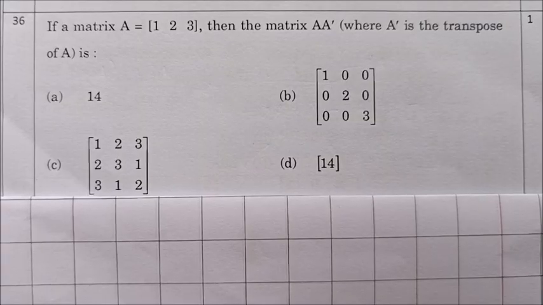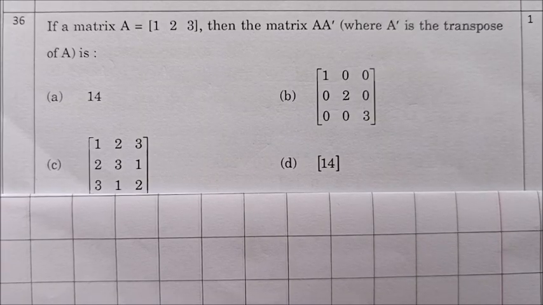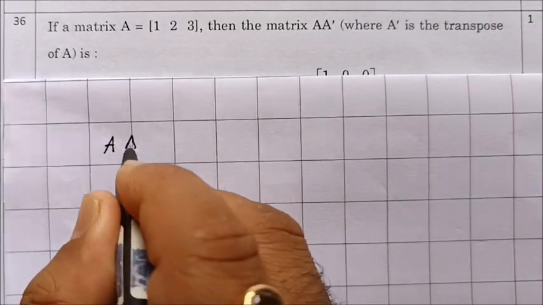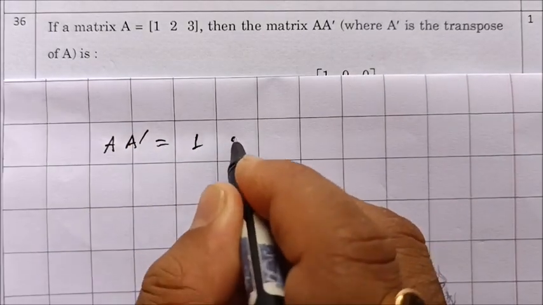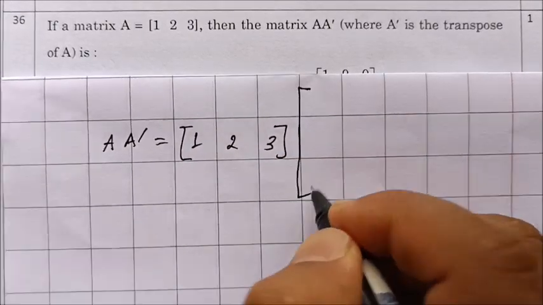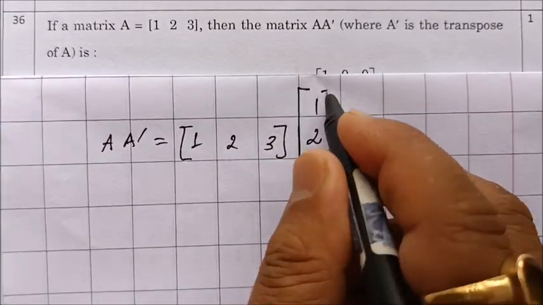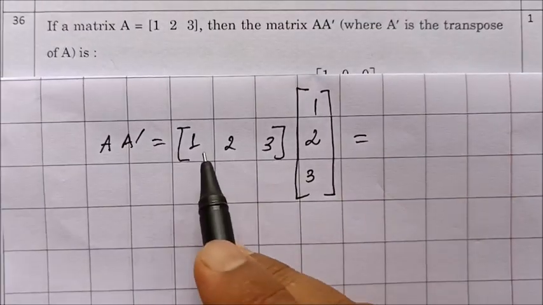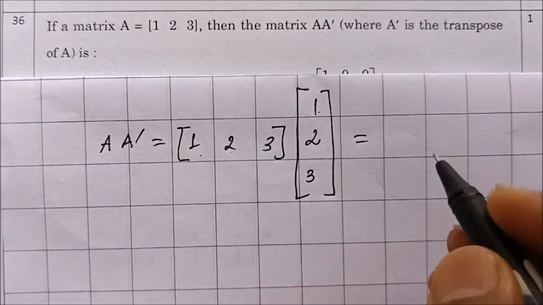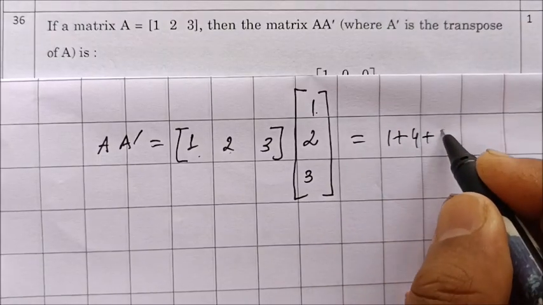Question number 36. Matrix A is given. We have to find A and A transpose. So A and A transpose will be 1, 2, 3. This is our A, and its transpose will be 1, 2, 3. Alright. So 1 into 1, 2 2s are 4, plus 3 3s are 9.